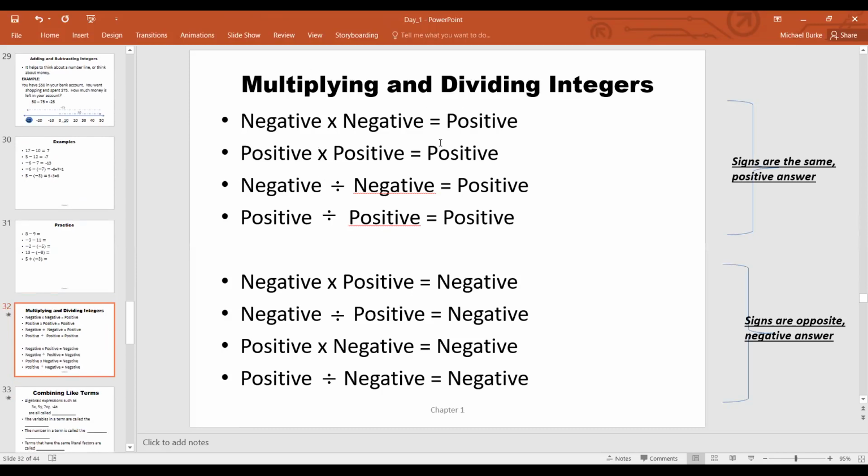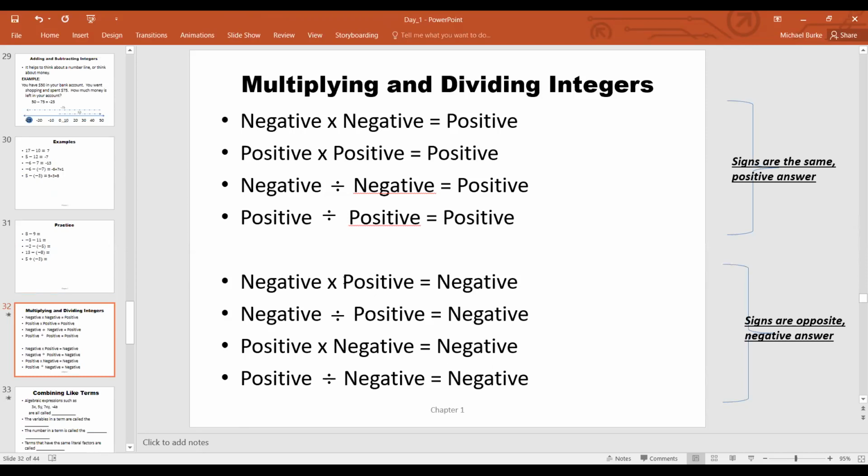Okay, so when multiplying and dividing integers, a negative times a negative is always a positive. A positive times a positive is always a positive. Dividing a negative by a negative is a positive. And dividing a positive by a positive is a positive. If we are multiplying or dividing a negative and a positive, the answer is always negative.